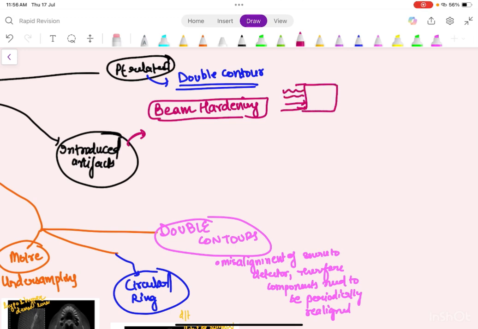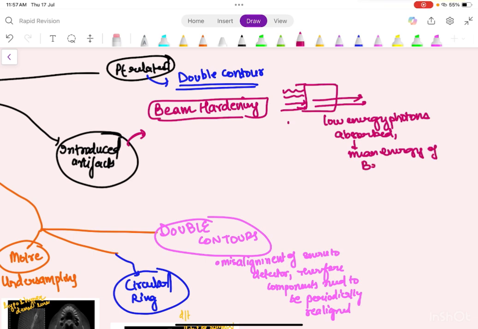So see, suppose I have some low energy photons. These are absorbed, so the mean energy of beam increases. So this is what is called as the beam is hardened. So this is beam hardening.